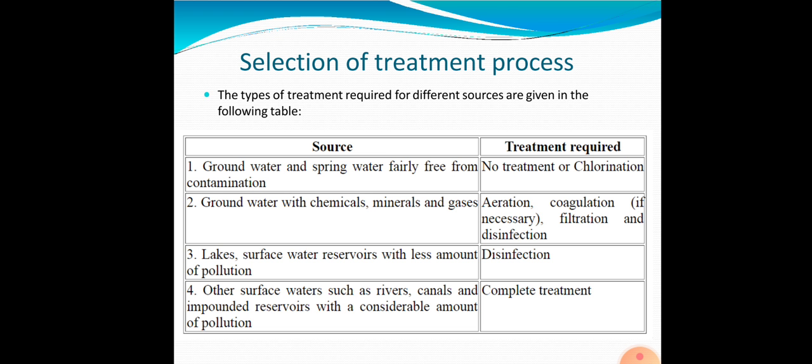So all the processes we have discussed earlier have to be done for water which is highly polluted. So again, we can say that the selection of the treatment process mainly depends upon the source from which the water is being taken for supply.